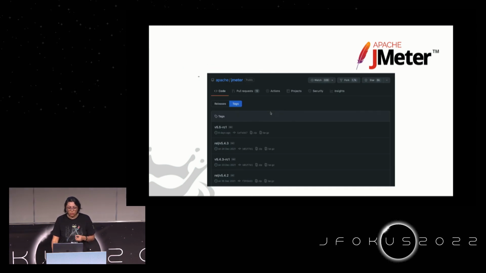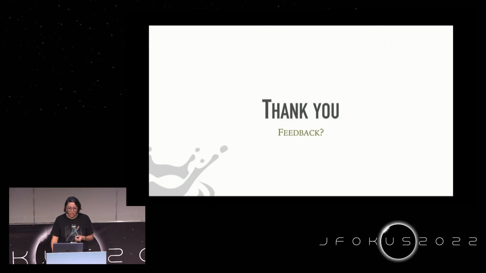They are in version 5.5. As I said, JMeter has been with us for a long time, and in the last version, what they did was update only the log4j version from 1.2.6 to something more recent.